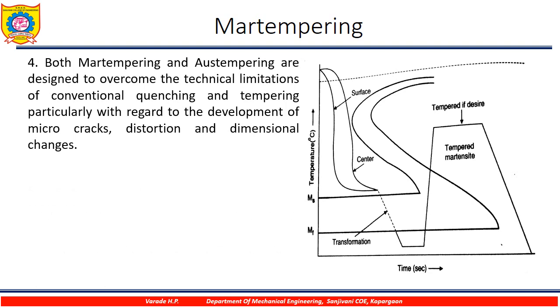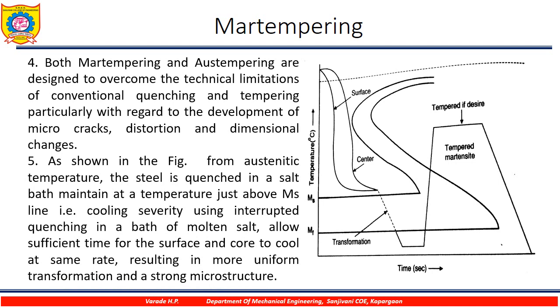As shown in the figure, from the austenitic temperature region, the steel is quenched in a salt bath maintained at a temperature just above the MS temperature or MS line. That is, cooling severity using interrupted quenching in molten salt allows sufficient time for the surface and the core to cool at the same rate, resulting in a more uniform transformation and a strong microstructure.